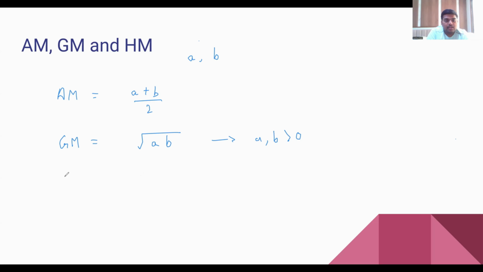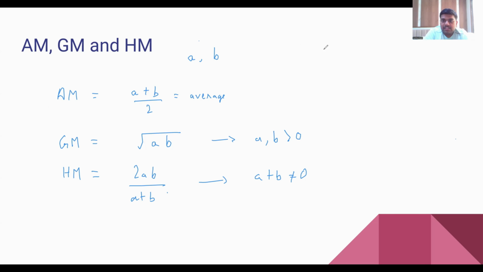And then the harmonic mean will be equal to 2AB by A plus B, given that A plus B is not equal to 0. So arithmetic mean is basically the average of the two numbers given to us, geometric mean is square root of AB, and this is the harmonic mean.